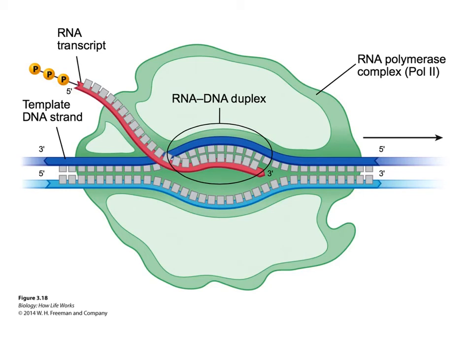So we're going to split or unzip the DNA. So we've unzipped it, and we are adding the bases to the 3' hydroxyl end. So this RNA transcript is growing in this direction. So we're adding them on here as we unzip and move. We always add them to the 3' end in the 5 to 3 orientation.